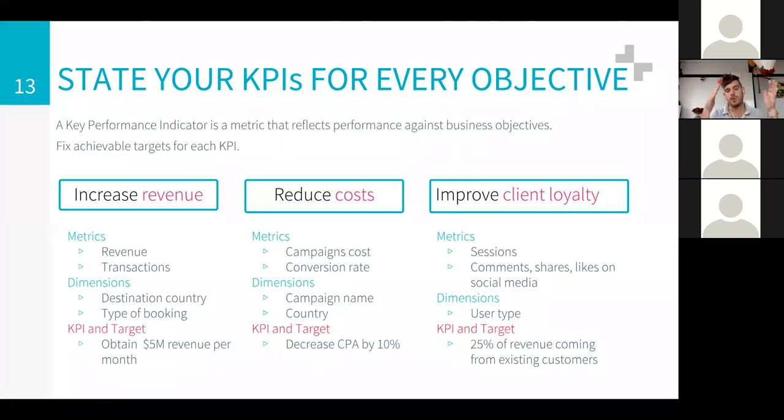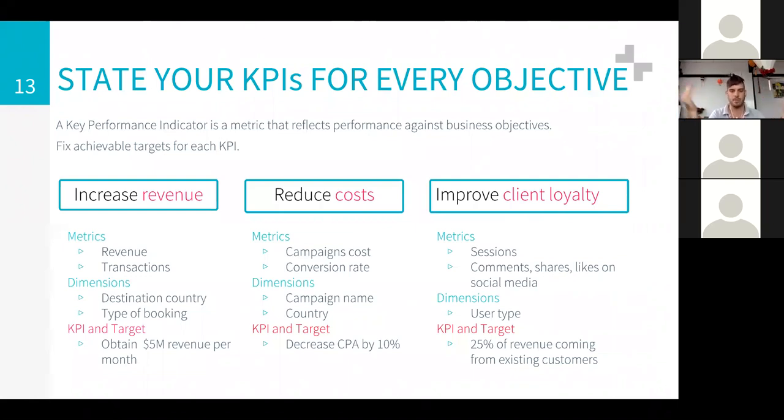For each of your business goals, you will define your KPIs along with a target. So here I took the 3 business objectives that I gave as an example, and I listed metrics, dimensions and KPIs just to give you an idea. To increase my revenue, for instance, I know that in my company, we have $5 million revenue per month.